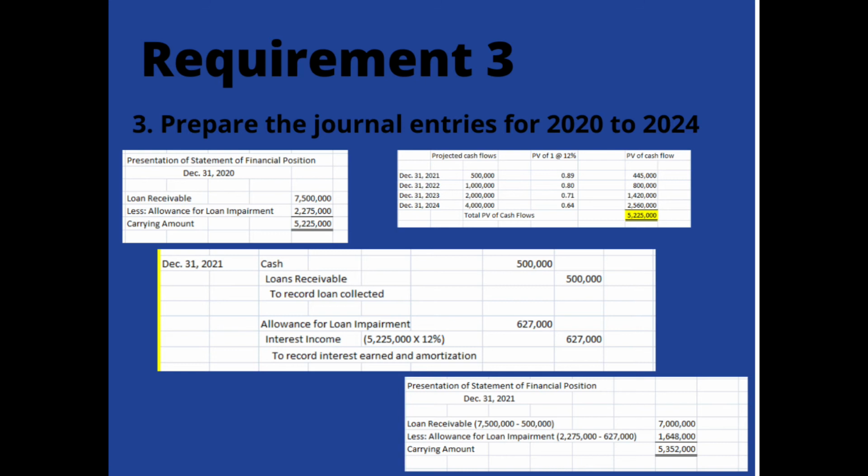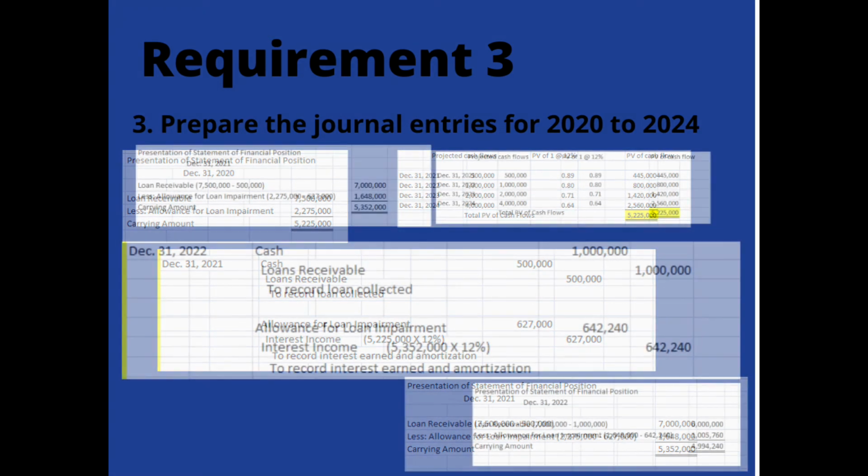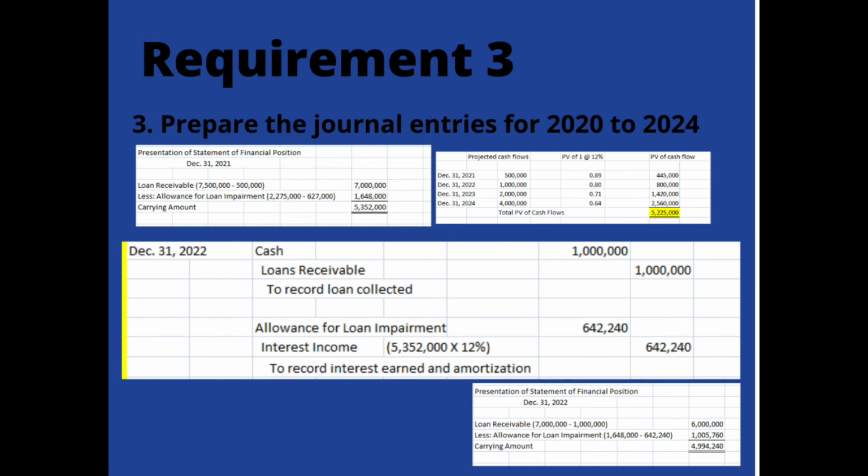Then, we create the presentation of the statement of financial position on December 31, 2021. Again, it's optional and we use it as a guide to find the amount for next year. The journal entries for 2022 are the same as last year's journal entries, but the amounts are different, which is based on the schedule of projected cash flows or the payment of principal.